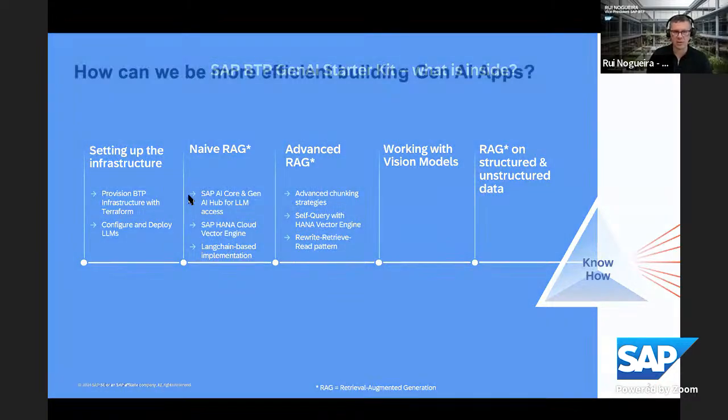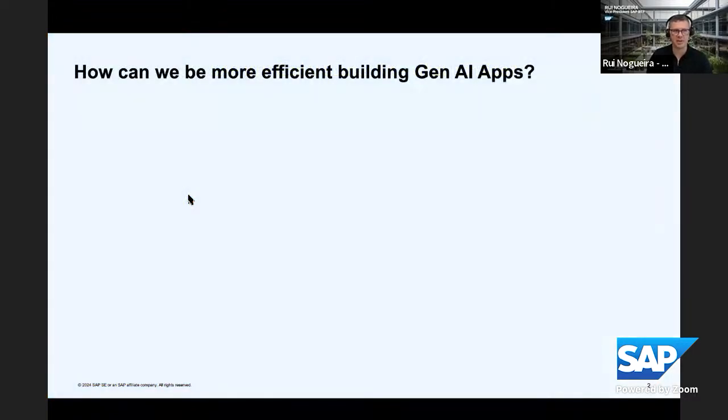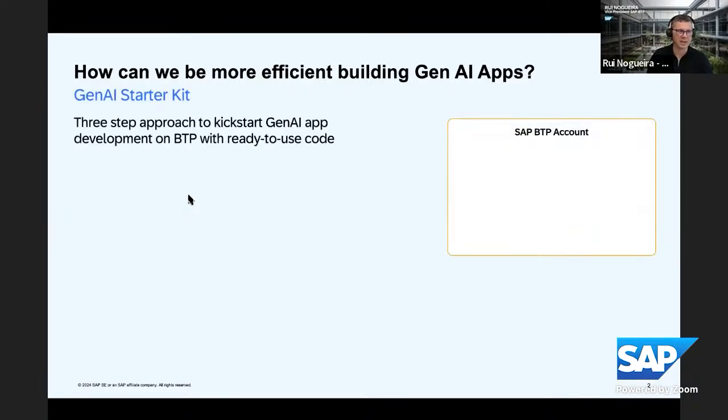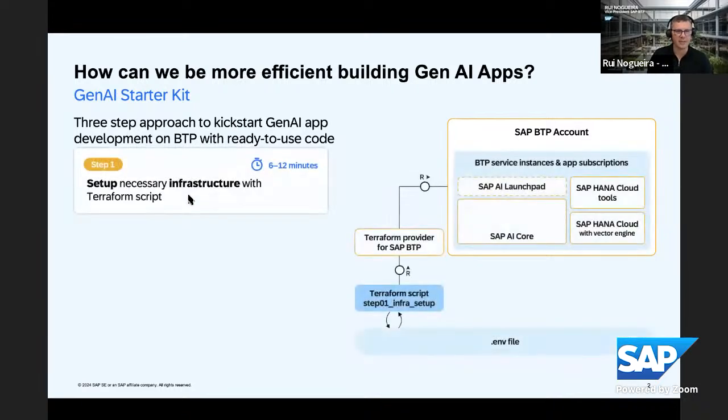So let's now go into how we can be more efficient building GenAI apps with the Starter Kit. And we are doing this with a 3-step approach. In the first step, what I explained before, we are setting up the complete infrastructure with a Terraform script.